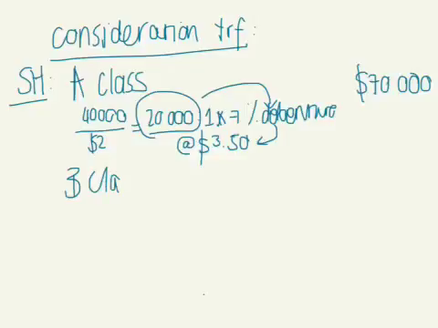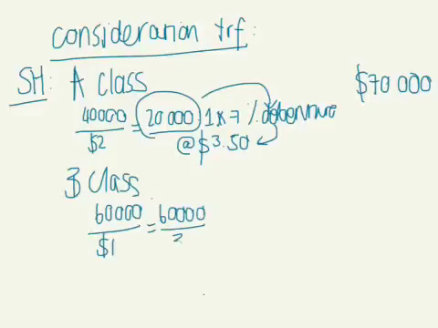Okay, the B-class shareholders receive 2 shares in new Starfish for every 3 shares held in Tuna. So once again, if we refer to the statement of financial position, we see the value of the share capital, $60,000. It's $1 a share fully paid. It means there's 60,000 shares. And for every 3 shares held, they receive 2.